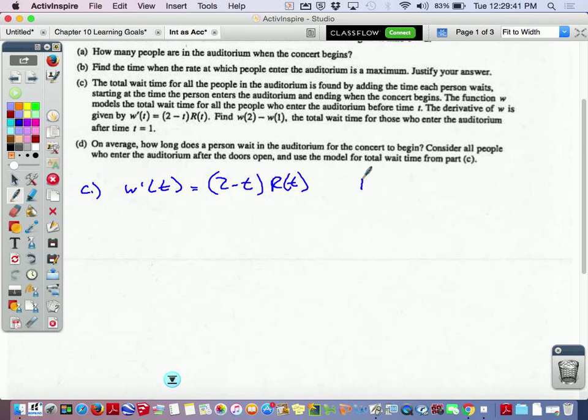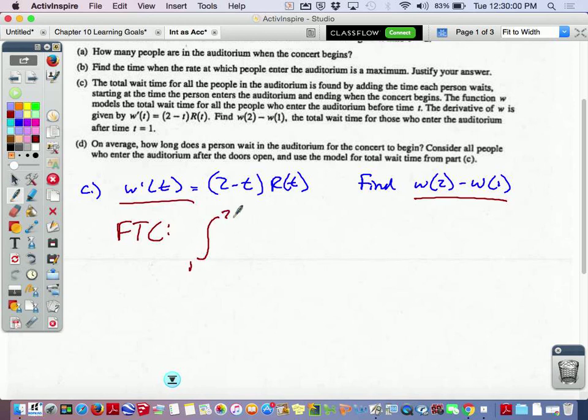So we want to find W of 2 minus W of 1. For this question, what will connect our two function values to our derivative is the fundamental theorem of calculus. We can do the integral from 1 to 2 of W prime of t, and that will equal W of 2 minus W of 1.